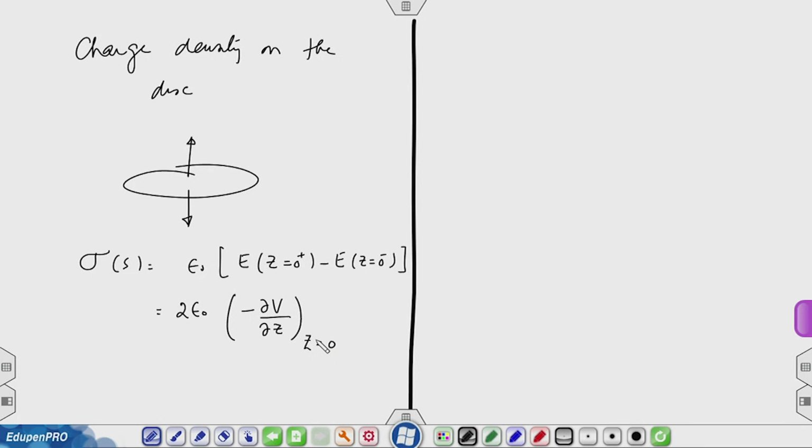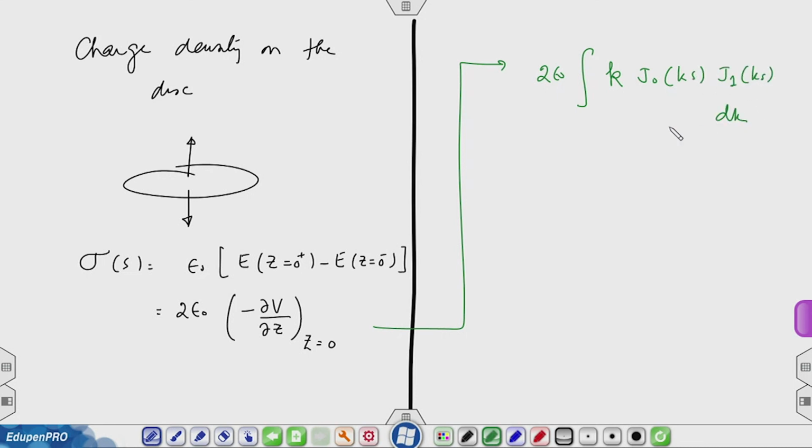And this will come out to be 2 epsilon 0 integral of k J0 ks J1 ks dk 0 to infinity. Again, this integral is a difficult one to carry out, but I am sure some table has it. Maybe these integrals should be looked up in Gradshteyn and Ryzhik.